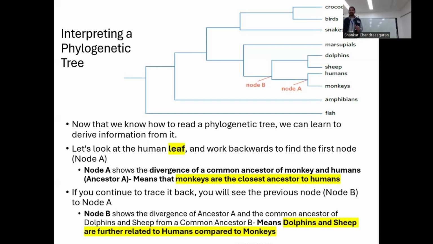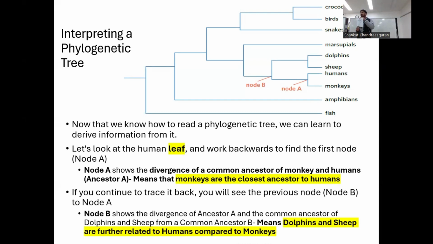Let's look at your own phylogenetic trees, for example primates and rodents. If you work backwards from primates and rodents, you see that first node. That means primates and rodents are very closely related because the first node between them is very close.